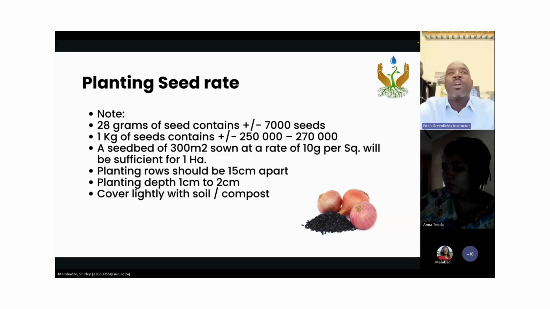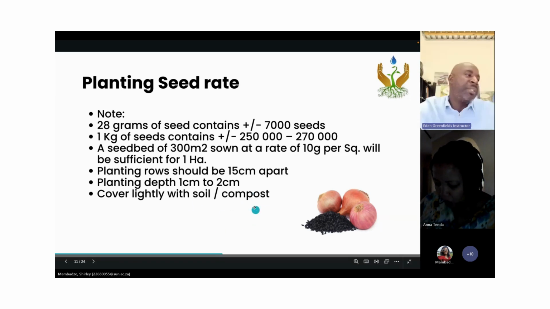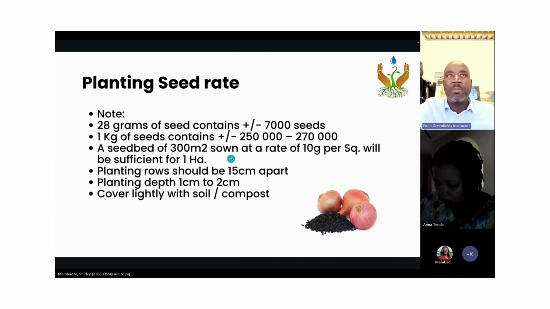Also try to make sure that you make your holes at an equal level, so that you have equal growth. I think that will be the best, so you can transplant most of your onions at the same time.